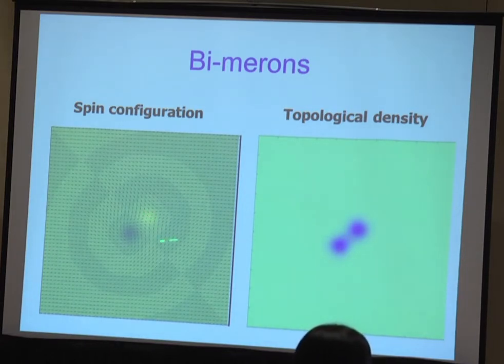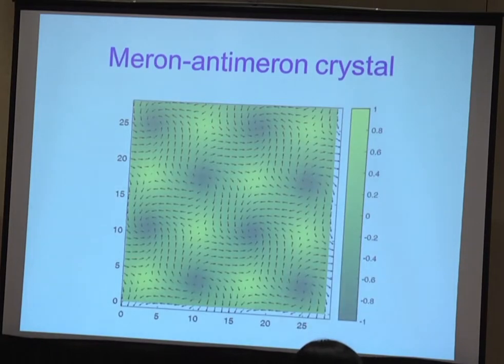So actually, both vortex and anti-vortex have the same topological charge equal to 1 here. So if you take a lot of vortices and anti-vortices, they all actually are defects.